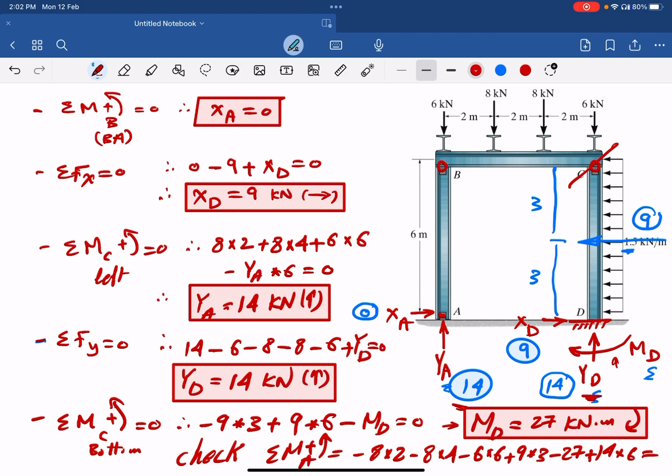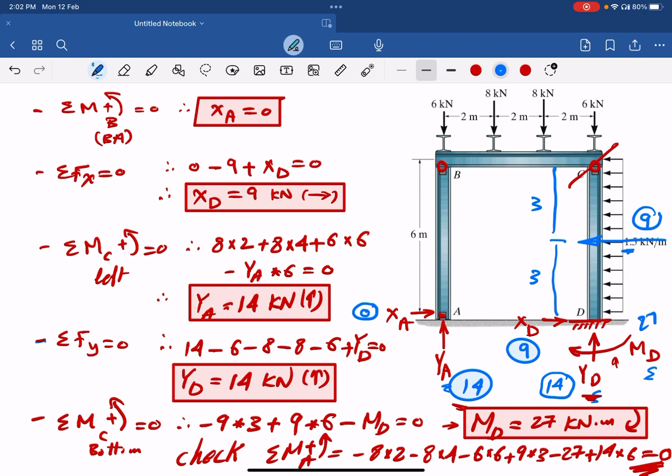Minus 8 times 2, minus 8 times 4, minus 6 times 6, plus 9 times 3, minus 27, plus 14 times 6, and the resultant is 0. By getting this is 0, you ensure that all the values that you have here are correct.